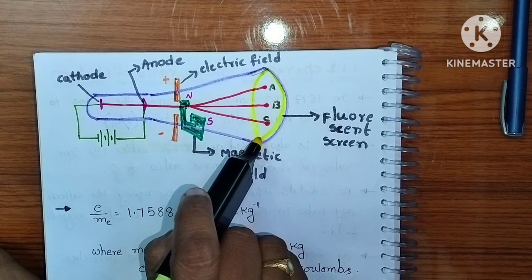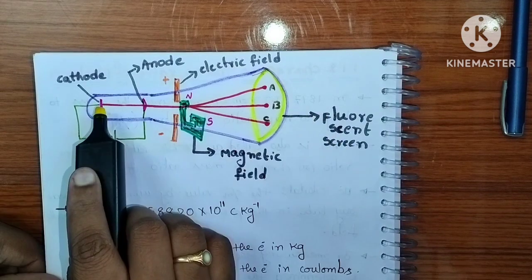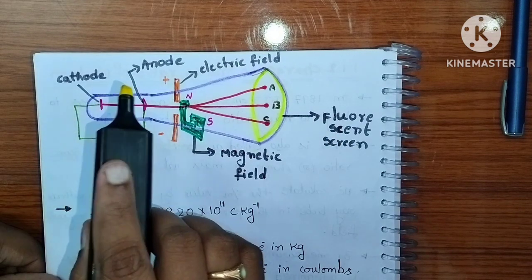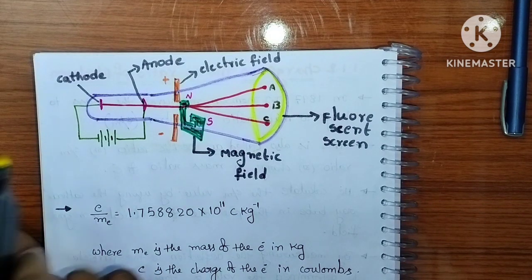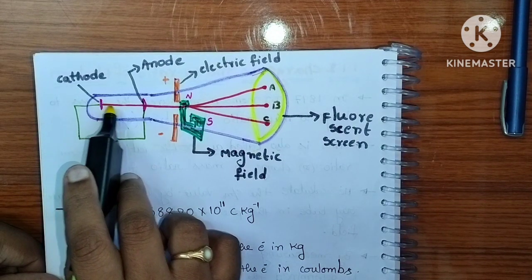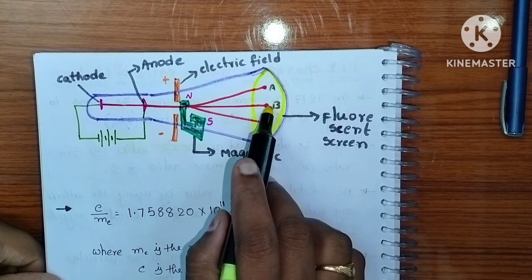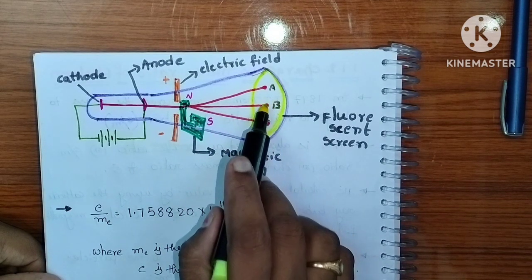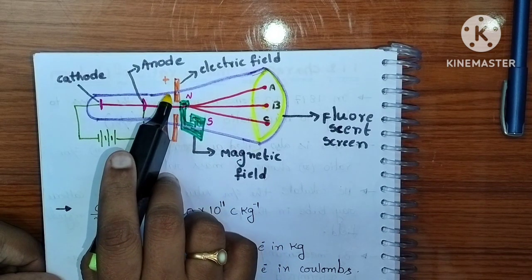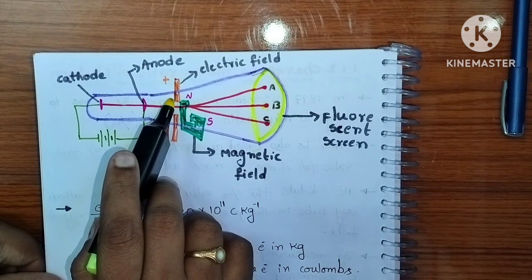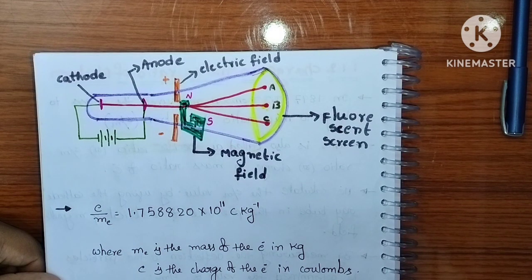of the particles. In the absence of electric and magnetic field, the particle moves and hits the point at B. After that he introduced only the electric field in the discharge tube.